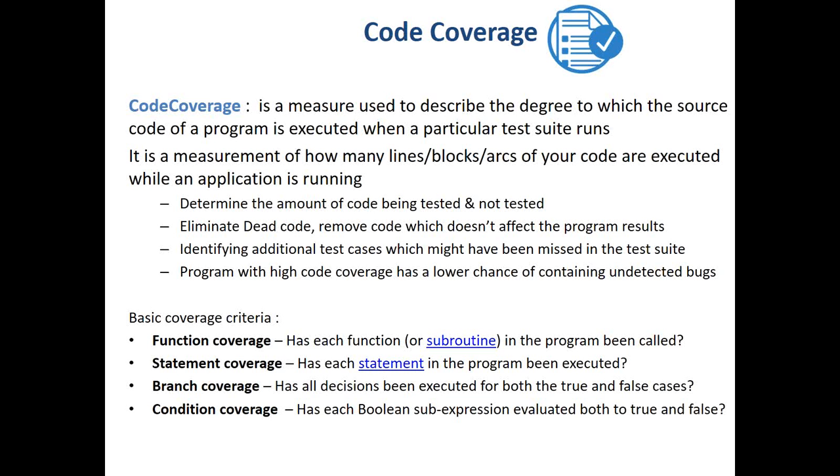So that is how we can confidently say that there are lesser chances of an undetected bug, a new bug which you never expected. Those kinds of things can always be eliminated. Thus, code coverage will also help us in increasing the quality of our product.